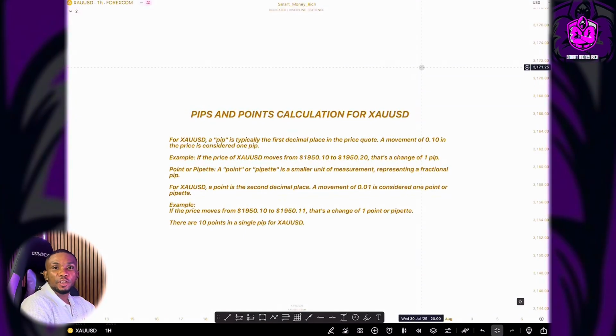All right guys, here we are on the screen, where I'll be taking you step by step on how to calculate pips for gold and how to calculate a proper lot size for gold. Whatever account size you use, I'm going to show you different steps on how to calculate pips and different steps on how to calculate lot sizes.